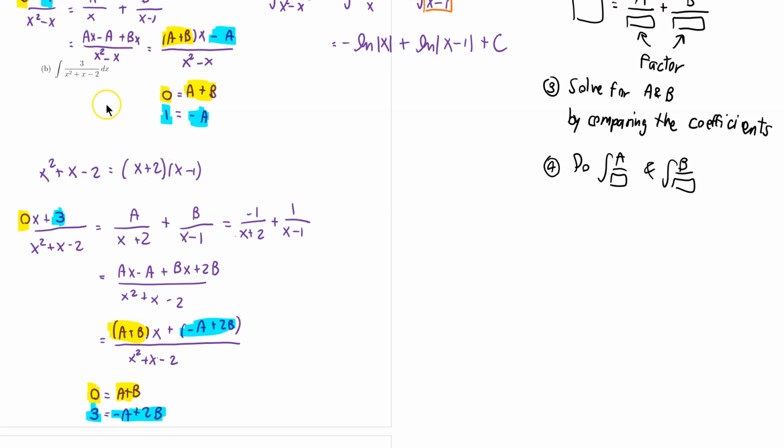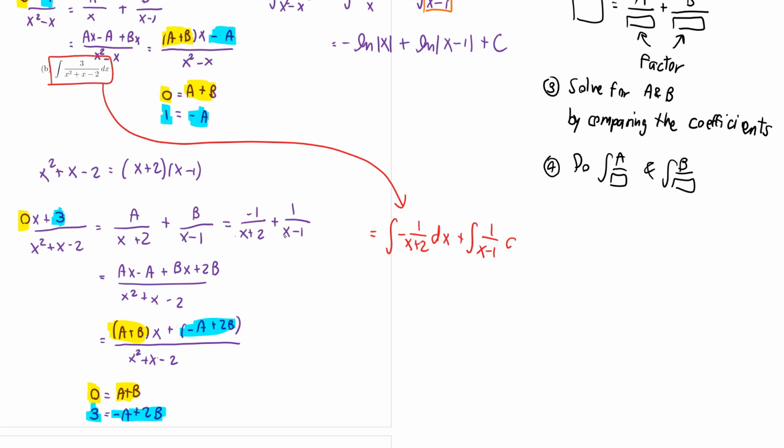So now I can write the thing in this integral as negative 1 over x plus 2 plus 1 over x minus 1. So then this thing, let me use another color here. Let me move over here. So this thing is going to equal the integral of negative 1 over x plus 2 dx plus the integral of 1 over x minus 1 dx.